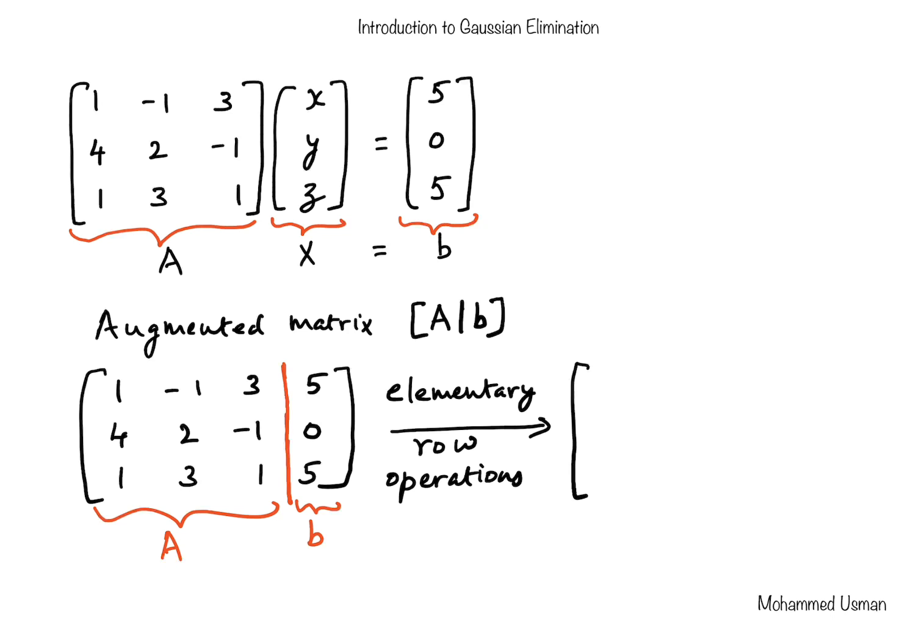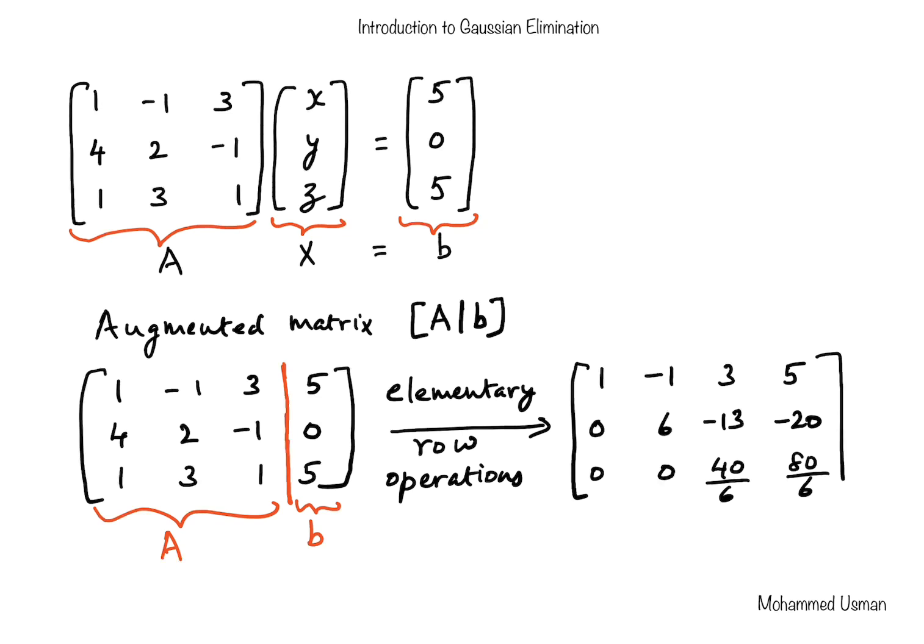So when we perform these elementary row operations, we get another matrix which has a form. For this particular matrix, it will take these values: 1, -1, 3, 5, 0, 6, -13, -20, and 0, 0, 40/6, and 80/6.